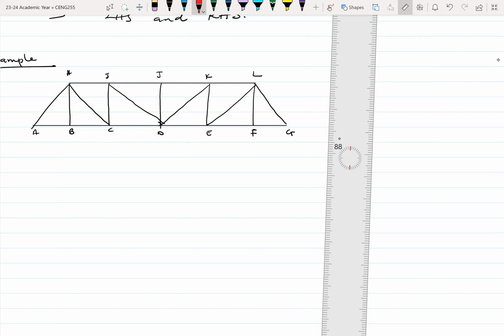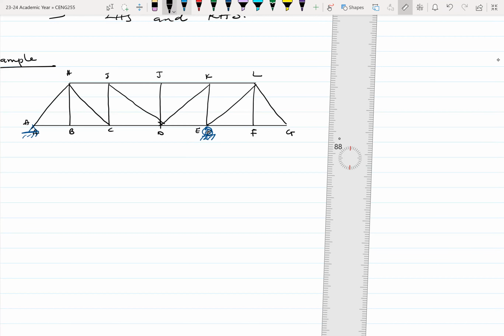Okay, so my supports are at A and at E. So I'll rewrite the E again. So I have my support at A and then E. So this is A and this is E.